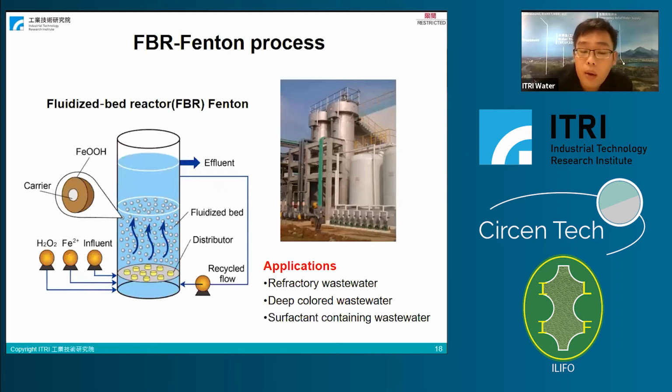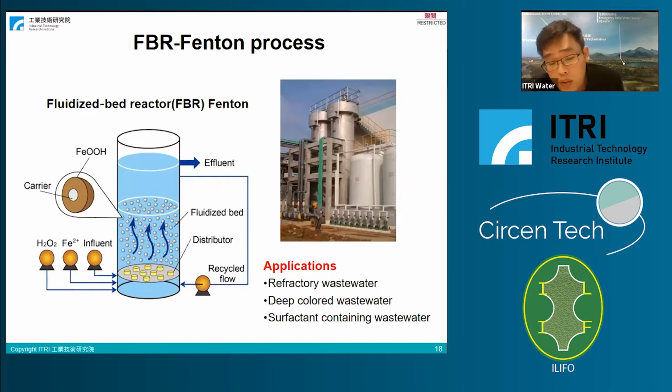FBR-Fenton is a kind of Fenton method based on fluidized bed condition. When a Fenton reaction is carried out in tower-like reactor, the iron oxide will crystallize on the carrier to achieve the sludge reduction.